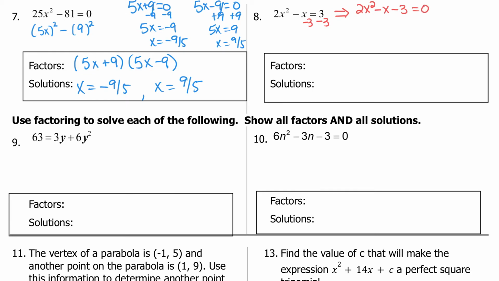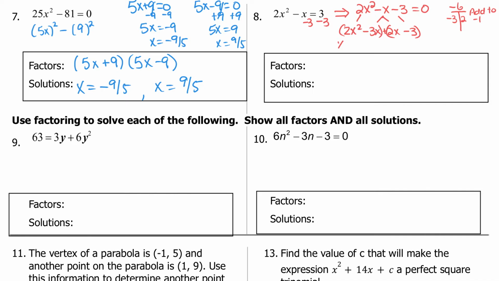There's not a GCF because I can't divide anything out of everything, so I'm going to make my AC chart. 2 times negative 3 is negative 6, and I'm looking for factors of negative 6 that add up to negative 1. So that would be negative 3 times 2. So bring down your 2x squared. Split this into negative 3x plus 2x, and then bring down your minus 3.